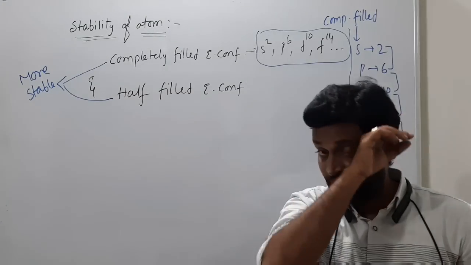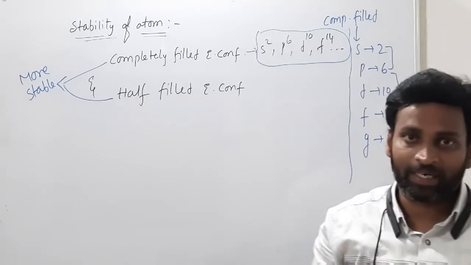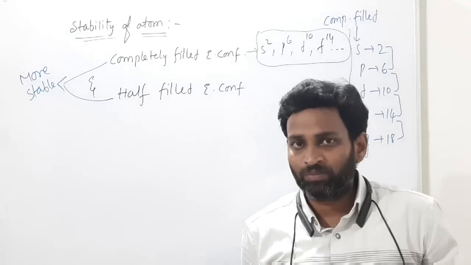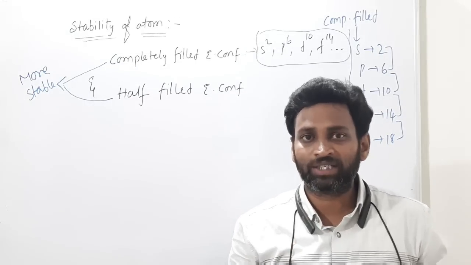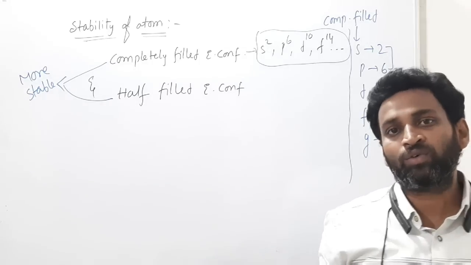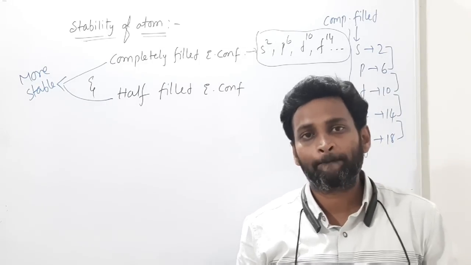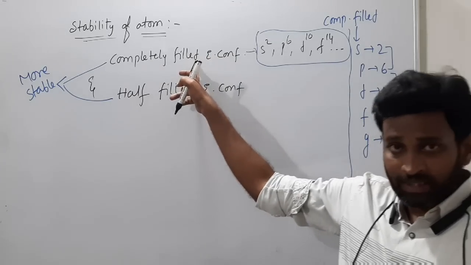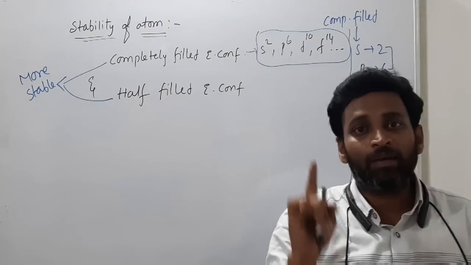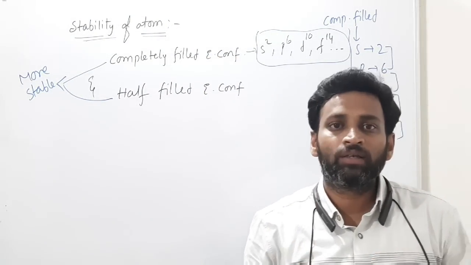You must have clarity on completely filled configurations, because a few people who joined early already know the exceptional chromium configuration and the exceptional copper configuration. They know already, so you also must know. I am sure you will understand. Don't worry.